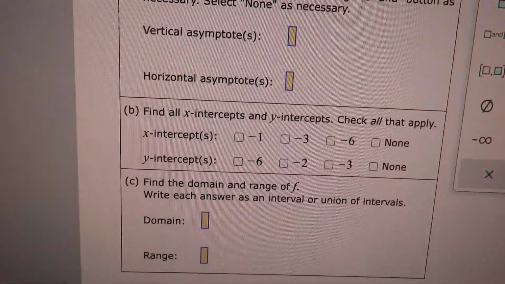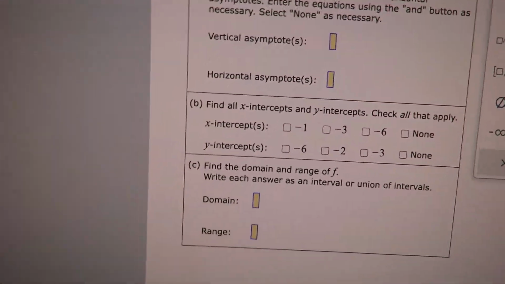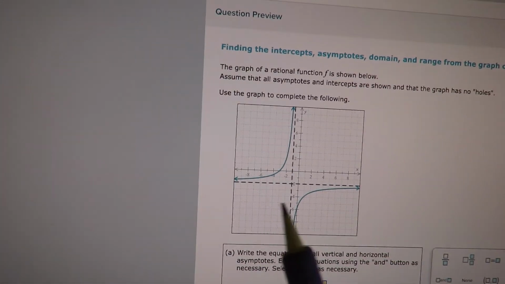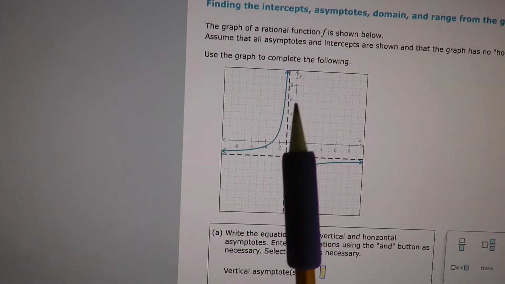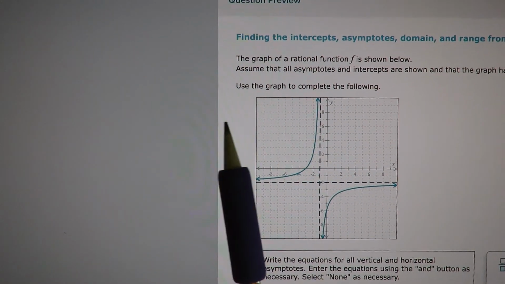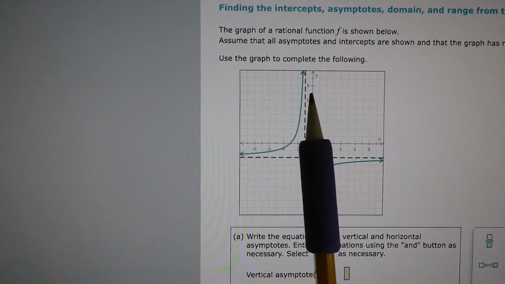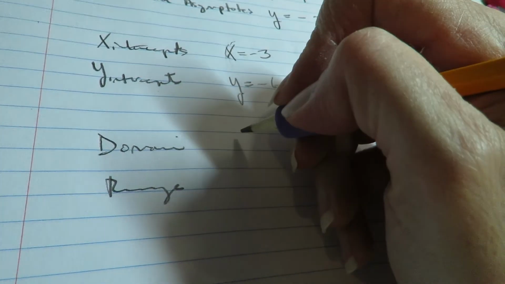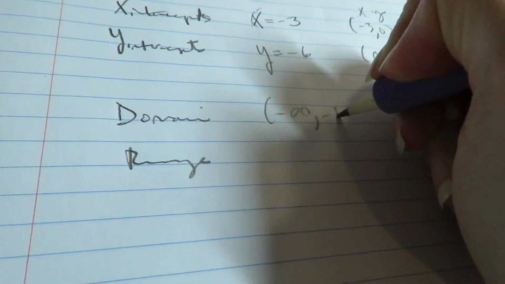Okay, now they want the domain and range in intervals. The domain goes from left to right. So it's going to go from -infinity to -1. That's this piece. It's two pieces. So the first piece is from -infinity to -1.